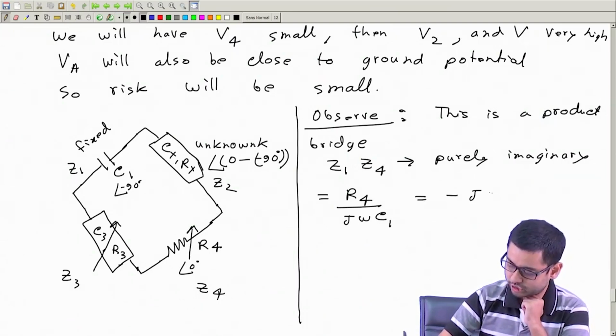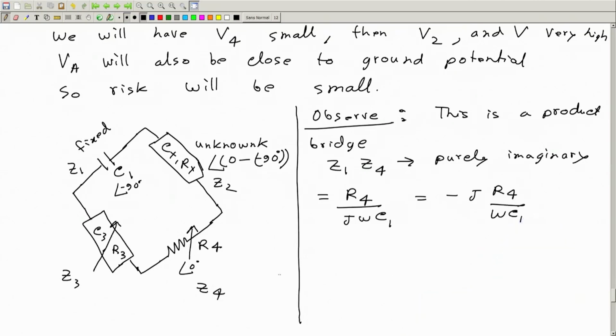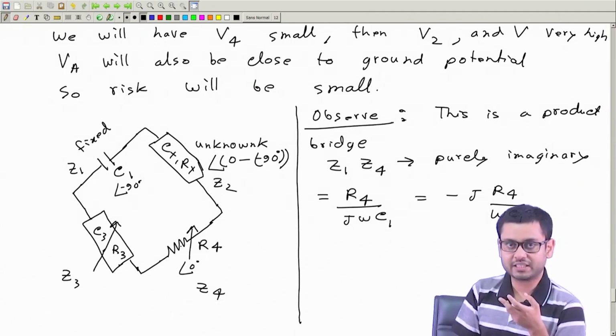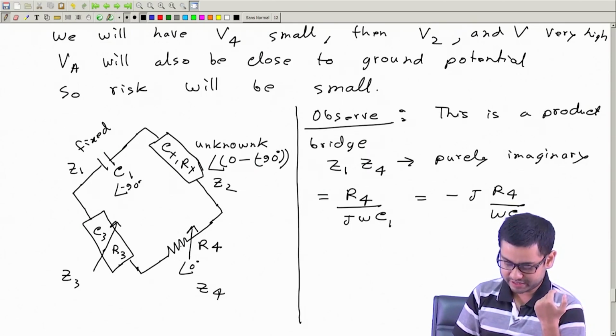You can write this also as minus R4 by omega C1. So, this is a purely imaginary number. The product of two opposite arms is purely imaginary, and we have seen that when the product of two opposite arms is purely imaginary or purely real, we call it a product bridge, and such bridges make it easy to find their balance equation. So, this is a product bridge.